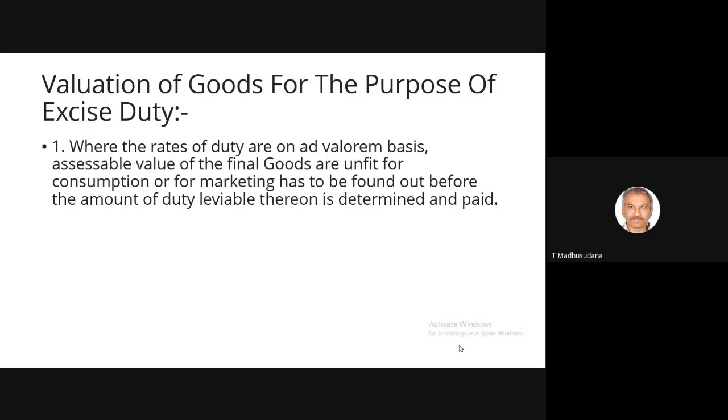Suppose the assessable value is determined wrongly, that means the assessable value of the goods has been determined less than its actual value, then automatically the tax levied on the lesser assessable value will also be less, as on the reduced value only the taxes will be levied.